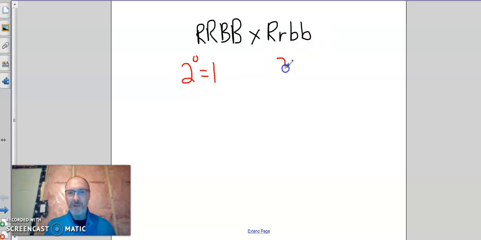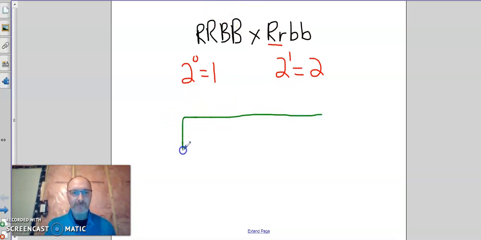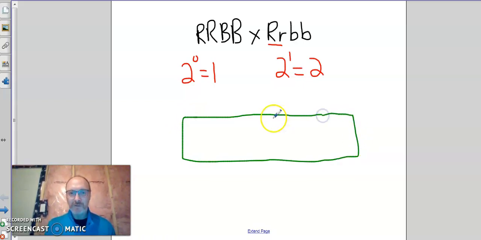And if we do 2 to the n here, the only heterozygous gene is the r's. So there's one heterozygous gene, n equals 1. 2 to the 1 gives me 2 possibilities. That tells me the size of my Punnett square is going to be 2 by 1. So I can just draw my Punnett square that size.